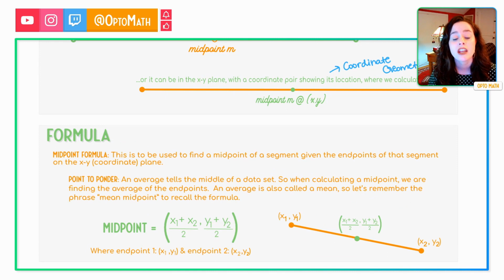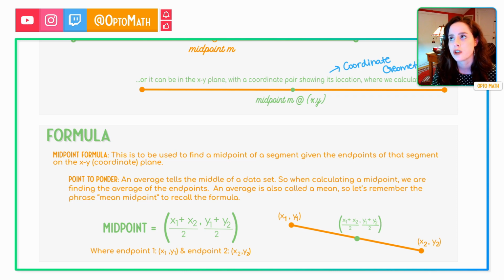Let's take a look at the formula for midpoint if you're looking at it as coordinate geometry. This can be used to find a midpoint of a segment given the endpoints of that segment on the XY coordinate plane. So here's a point to ponder. An average tells the middle of a data set. So when calculating a midpoint, we are finding the average of the 2 points.